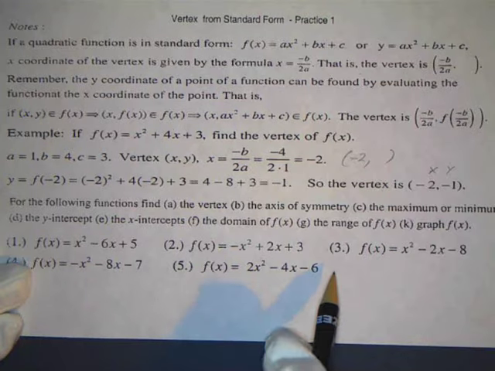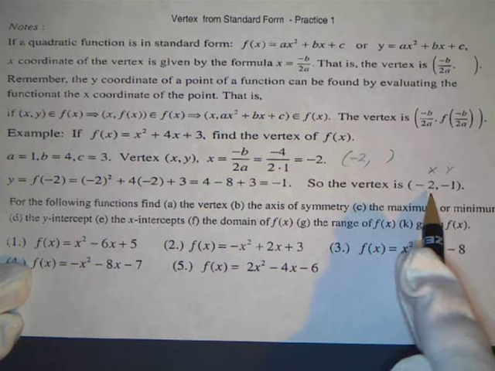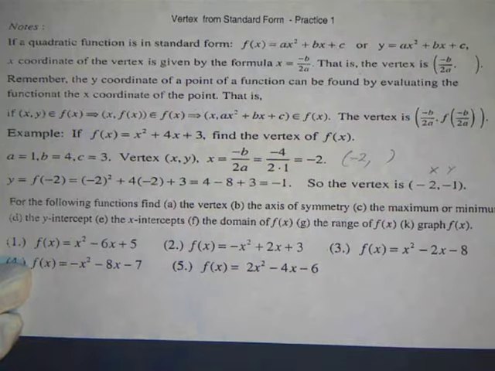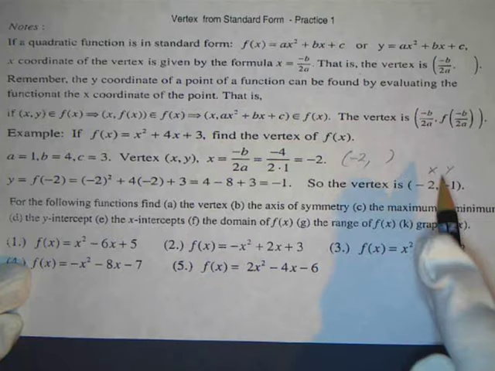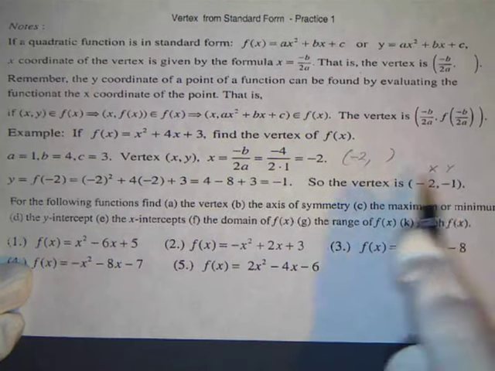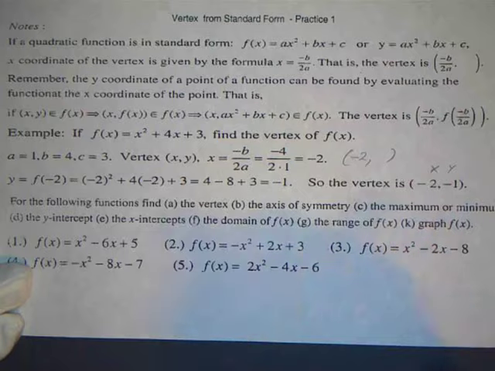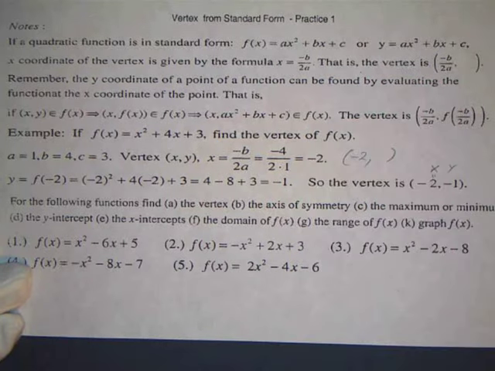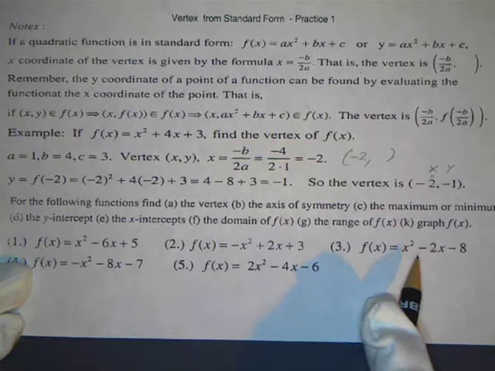And the axis of symmetry is just x equals -2. All right, it's very easy, and that's a line. It's a vertical line, x equals -2, and it's right there. So you see, when you see the vertex, you can actually see the axis of symmetry just by saying x equals -2.